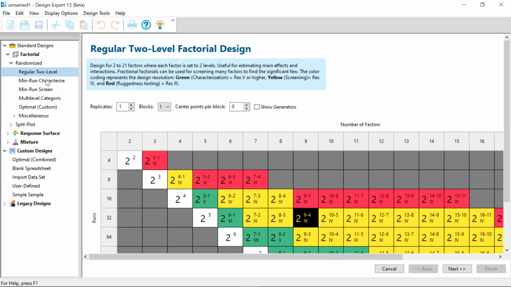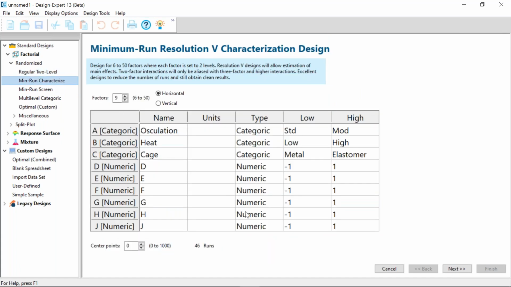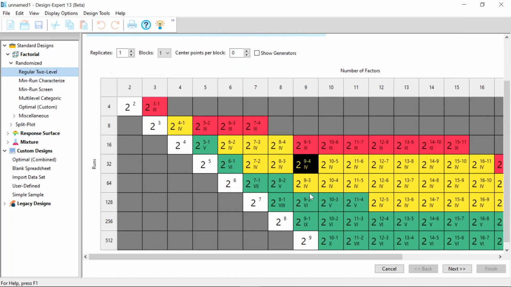We also have, for example, with 9 factors, the ability to characterize, which would be a higher resolution, in only 46 runs, whereas it would take 128 runs to do the high resolution characterization. So we have some pretty good options, but this one is a very simple 3-factor design.